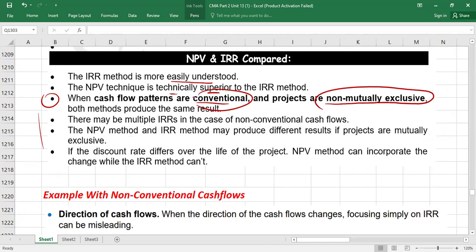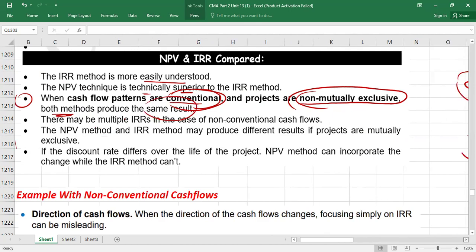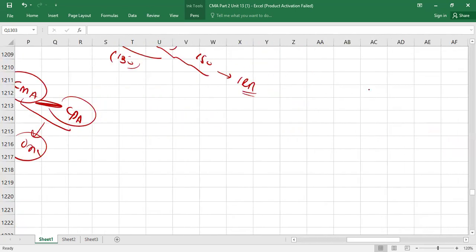This is an important statement I'm saying again. If cash flow patterns are conventional and projects are non-mutually exclusive, meaning they are not competing projects, then both methods, IRR and NPV, will produce the same result. For example, project A and project B are both different, non-mutually exclusive projects.